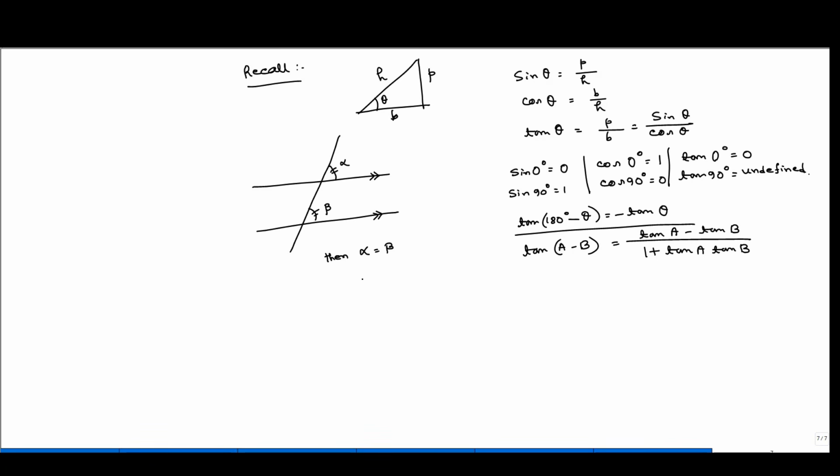And suppose two straight lines are intersecting each other, these two angles will be the same. These are called opposite angles. So this is theta and this is theta prime, then theta equals theta prime. These are opposite angles. So these two things from geometry we have used.